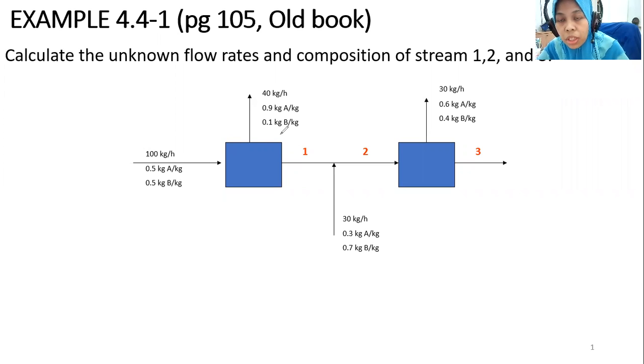For the boundary, we have several types of boundary. We have a unit boundary and an overall boundary. The overall boundary means that you need to consider the inlet and outlet for the overall process only. This is an example for the overall boundary.